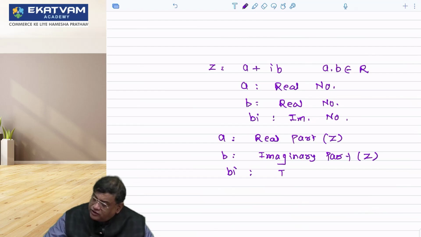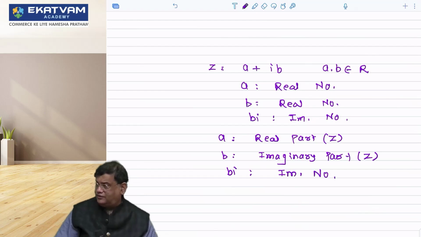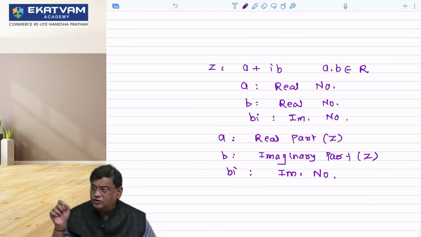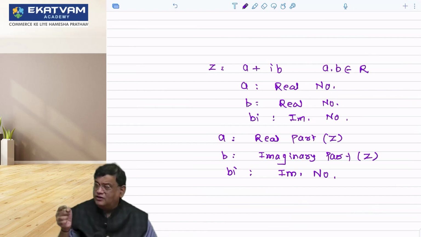So imaginary number is different and imaginary part is different. Whatever is the coefficient of i, the multiplier of i, that is the imaginary part. If I ask you what is the imaginary part, you have to say b. If I ask you what is the imaginary number, you have to say bi. And the real part is a.